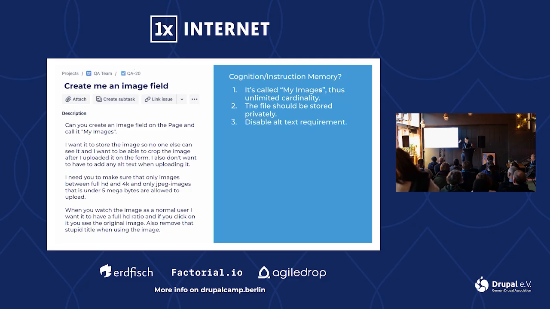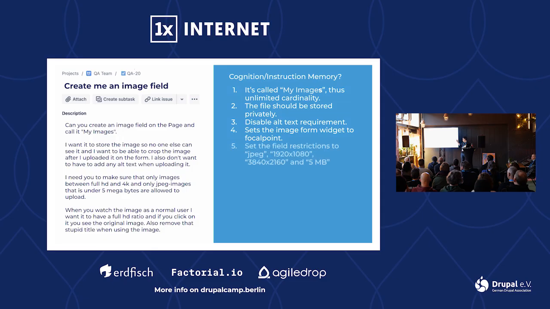So based on the last talk, you should not do this. You should always have alt text requirements, but somewhere here it says that, okay, this is annoying, I don't want to fill this out every time. It also says that you want to crop it. So in this case, the image focal point module is installed. And there's a lot of field restrictions.